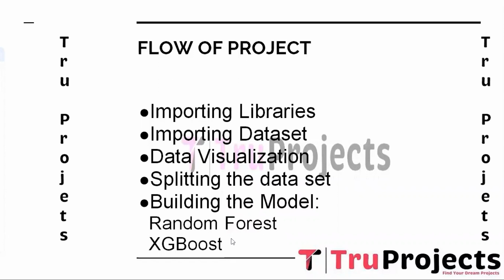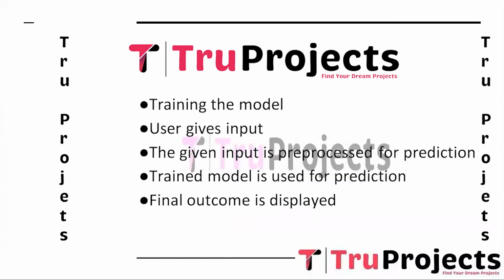This algorithm excels in capturing complex patterns and non-linear relationships in the data. It also supports parallel processing and efficient memory usage, making it highly scalable for large datasets. XGBoost has gained popularity in various machine learning competitions and real-world applications due to its exceptional performance and robustness.